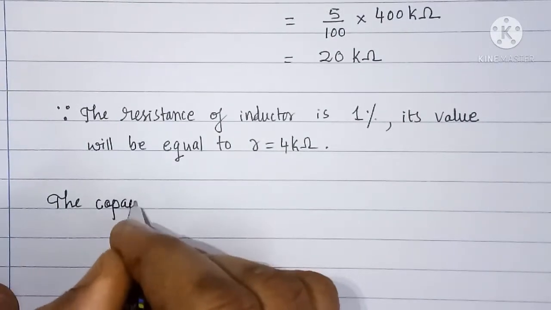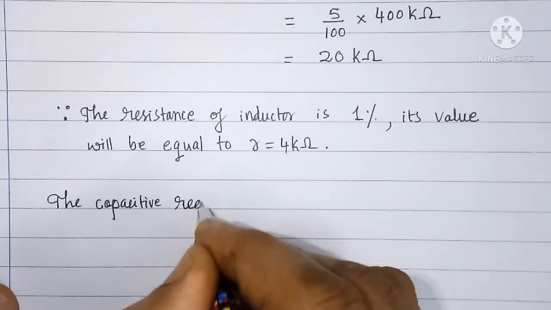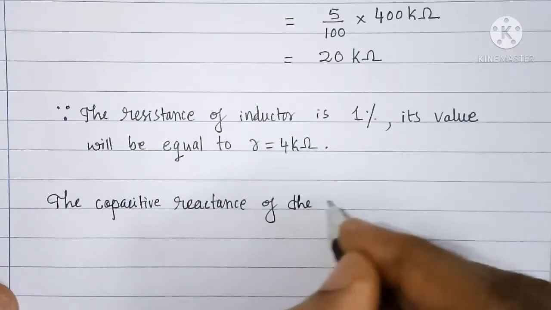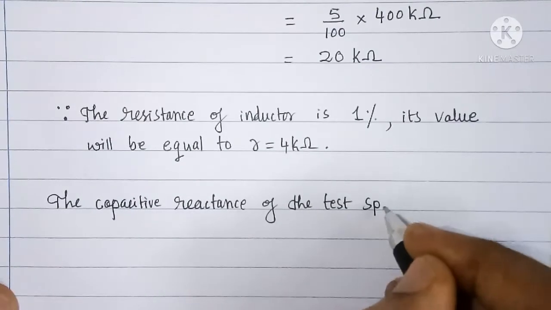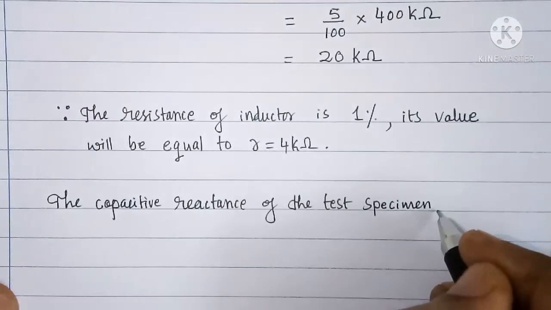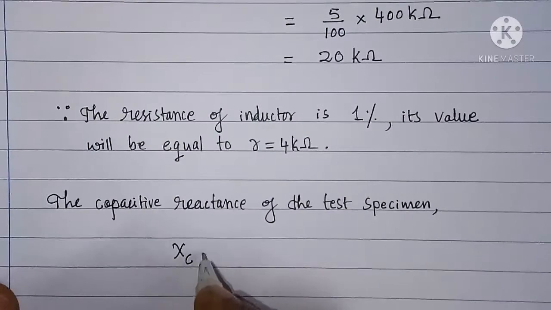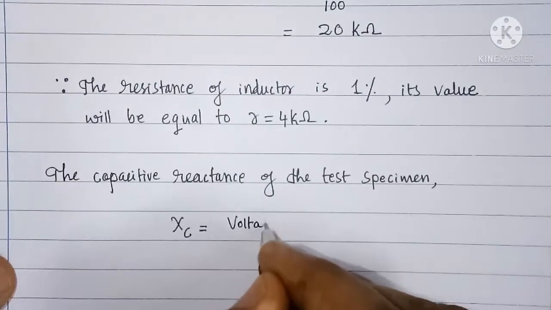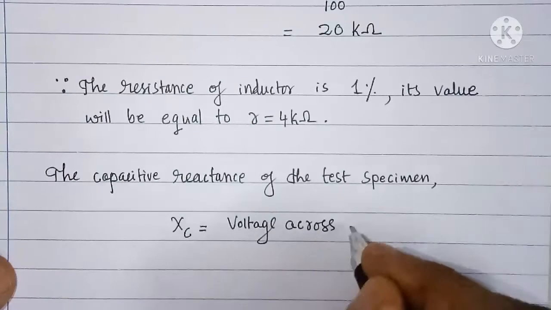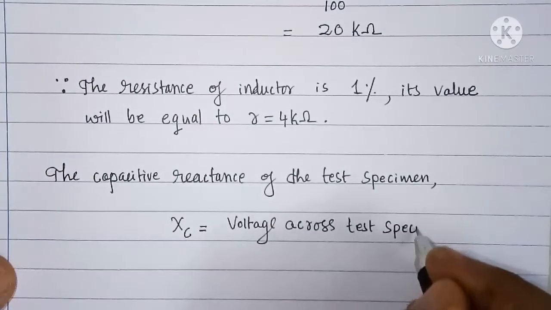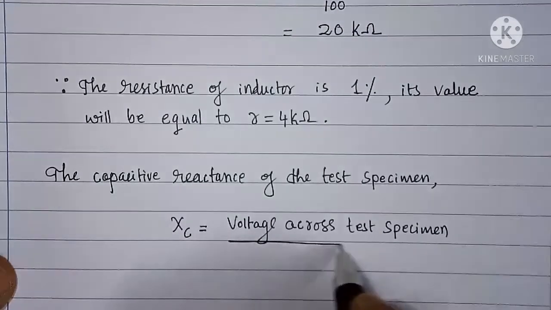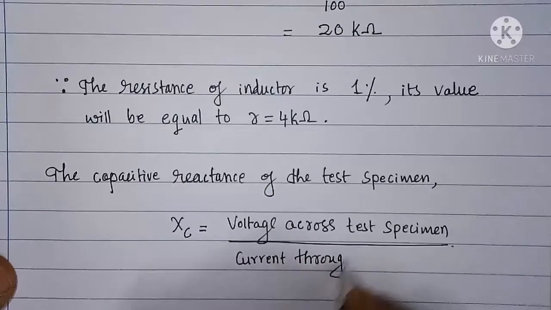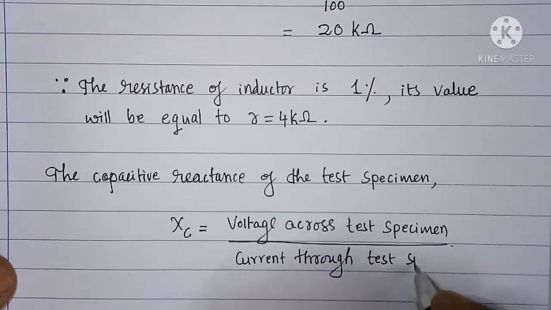The capacitive reactance of the test specimen XC is equal to voltage across test specimen divided by current through test specimen.